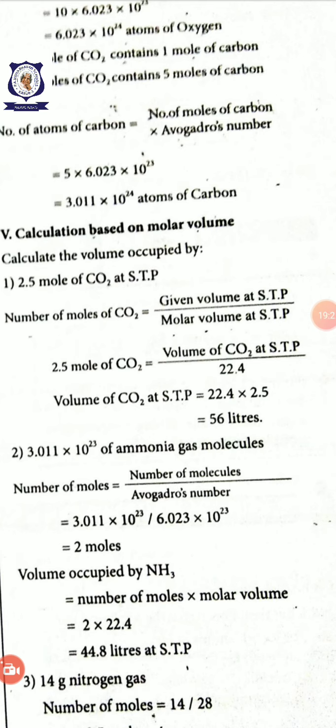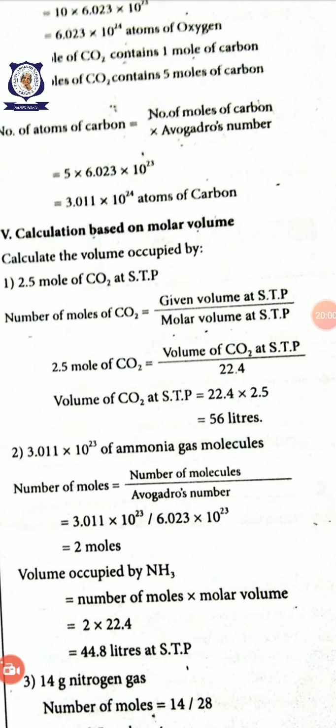Rearrange this equation. Number of moles we know, molar volume 22.4 liters. So we must calculate given volume. Volume of CO2 is equal to, cross multiply, number of moles 2.5, molar volume 22.4 liters. So while you are multiplying 22.4 into 2.5, you get 56 liters.